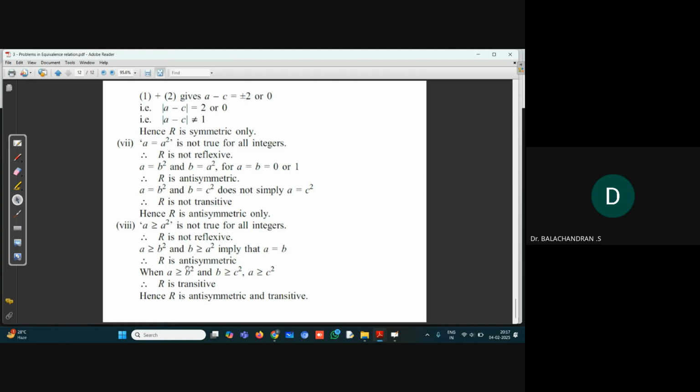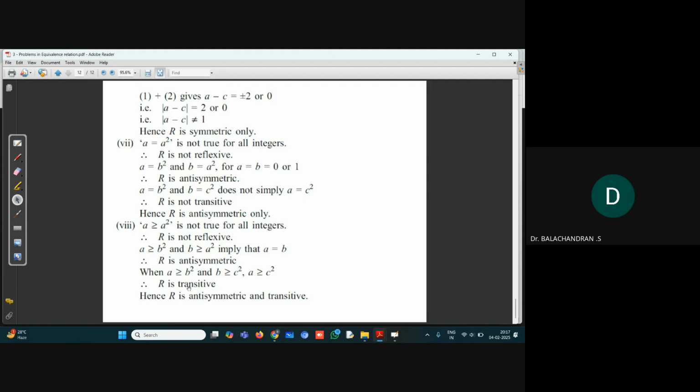And it's antisymmetric: whenever a is related to b, that means a greater than or equal to b square, and b related to a means b greater than or equal to a square, this implies a equal to b. So both of them are the same, and hence R is antisymmetric.